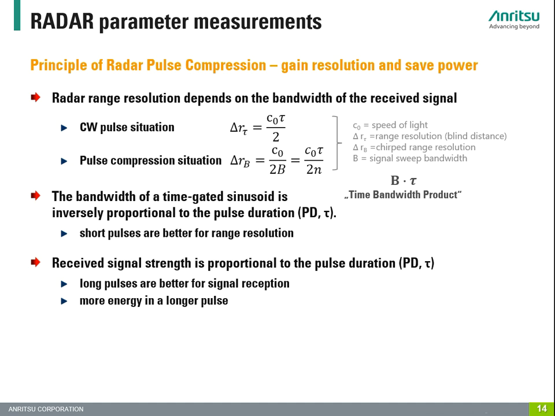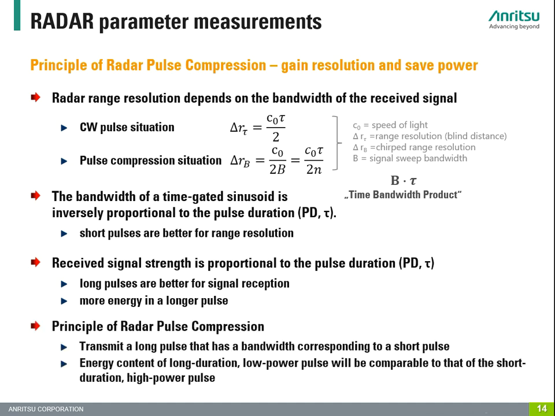Now it is clear that a longer pulse contains more, or has a higher, energy. Transmitting a long pulse that has a bandwidth corresponding to a short pulse, the energy content of a long duration, low power pulse will be comparable to that of the short duration, high power pulse.